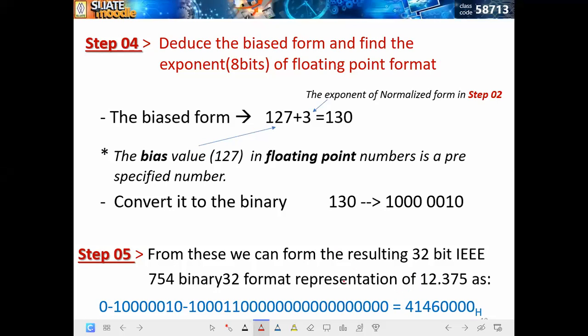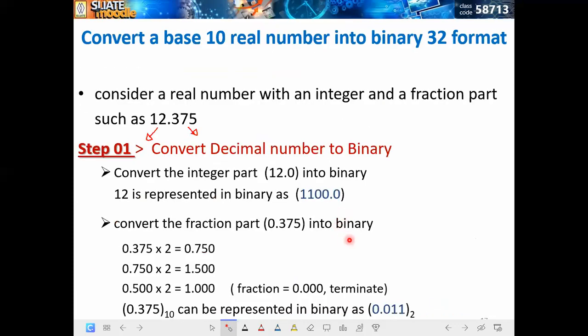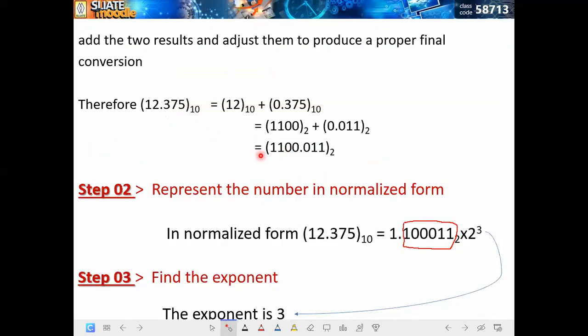Right, this is the way you can represent a number in 32-bit floating point format. If we consider the steps again one by one, first of all you will be given a decimal number. Step 1, you have to convert the decimal number to binary. Step 2, you have to represent the number in normalized form, then you get this exponent part. Step 3, you consider this exponent value.